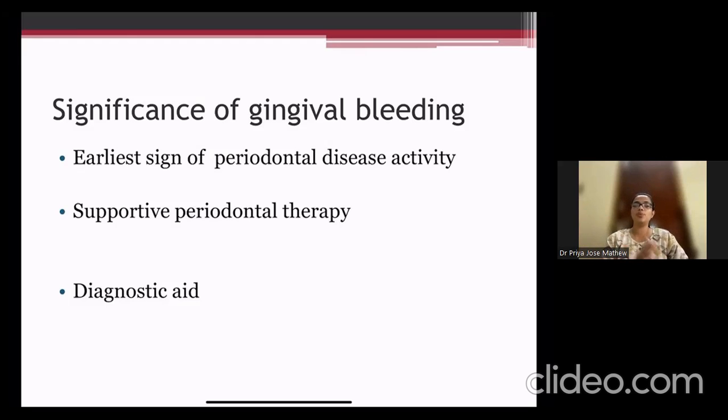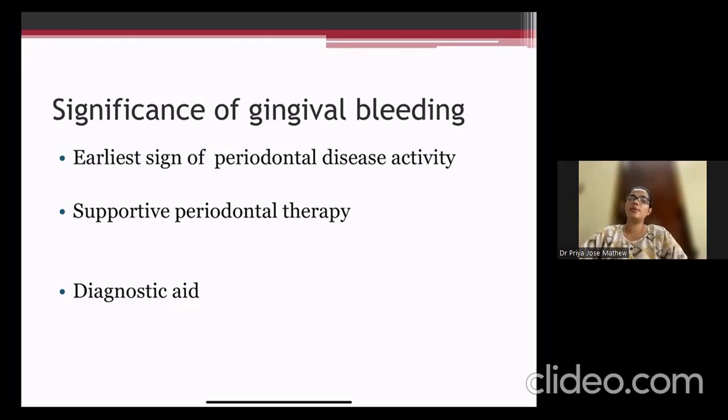When we check for gingival bleeding, if there is bleeding at a certain site, that means the disease activity is progressing. So we have to know these sites with gingival bleeding. We have to motivate the patient, tell them that these areas have to be addressed immediately, and note it on the charting.